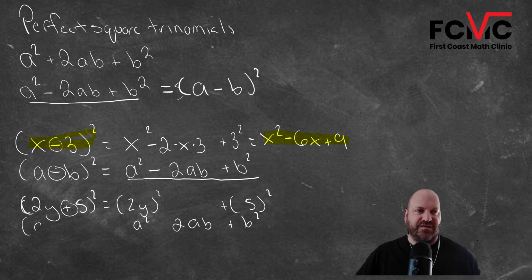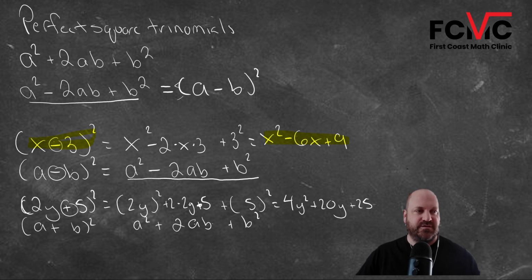So 2 times a times b, 2 times 2y times 5. So when we simplify this, we're going to get 4y squared plus 20y plus 25.